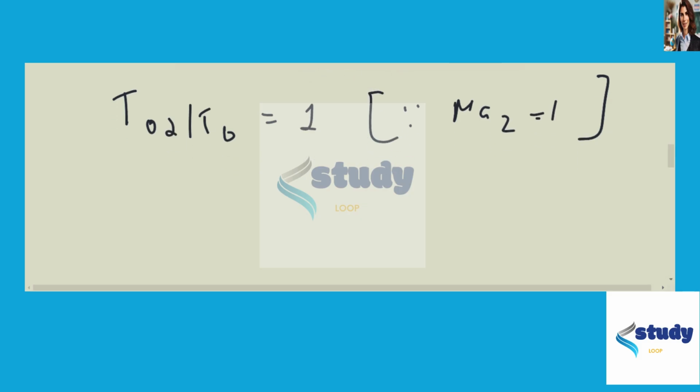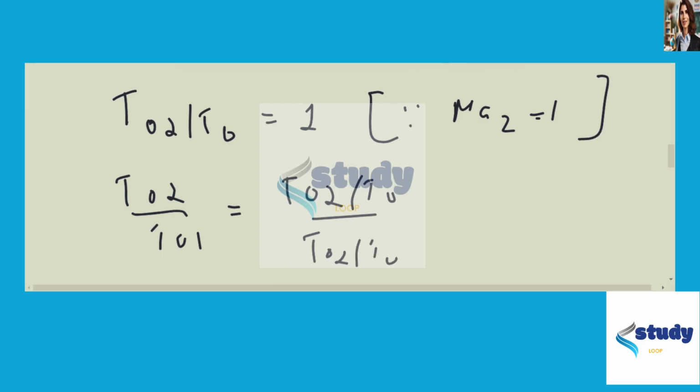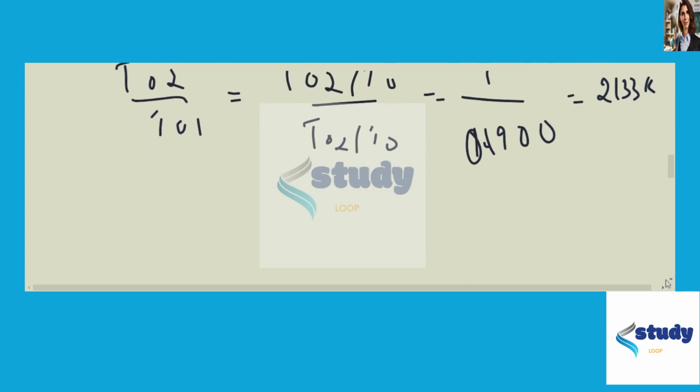Hence we have T02 upon T01 equal to T02 by T0* upon T01 by T0*. It is 1 upon 0.1900, and the value would be equal to 2133 Kelvin.